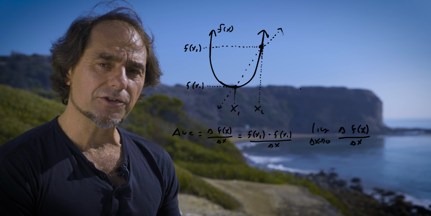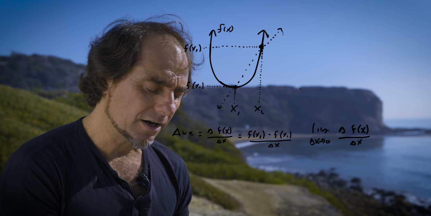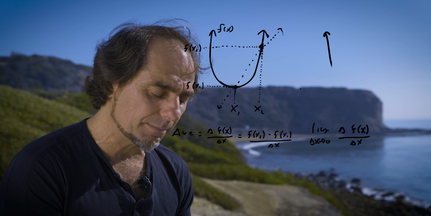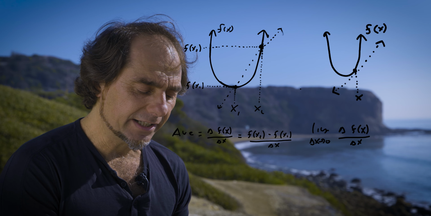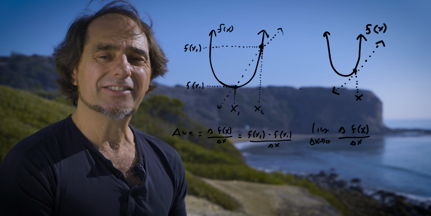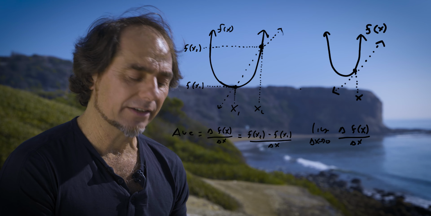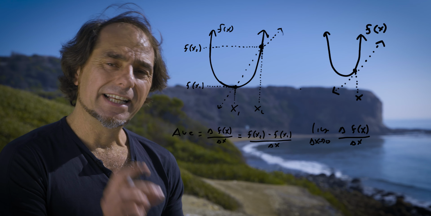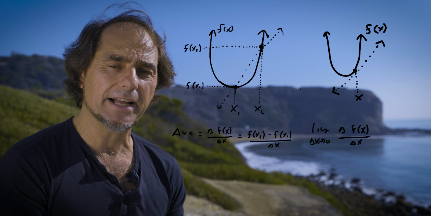Let's draw another picture and see what happens when delta x goes to 0. We redraw our parabola over here, and the two points end up on top of each other as 1 point. Now we see that the dotted line is what we call tangent to the curve at this particular point x. This is going to be the instantaneous rate of change at that particular point of x.